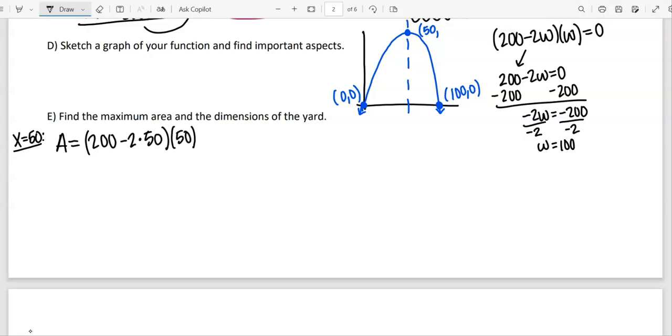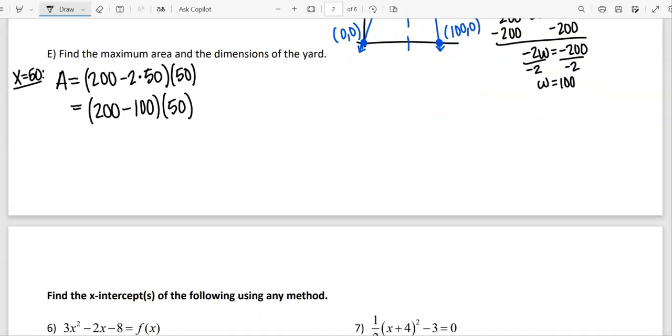What's 2 times 50? 100. And that's being multiplied by 50, right? And what's 200 minus 100? 100. And what's 100 times 50? 5,000.